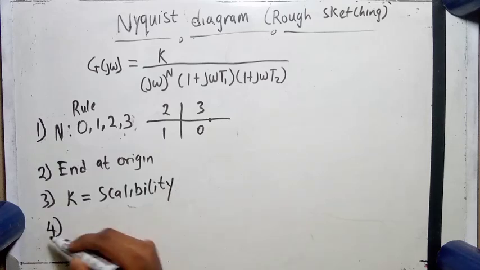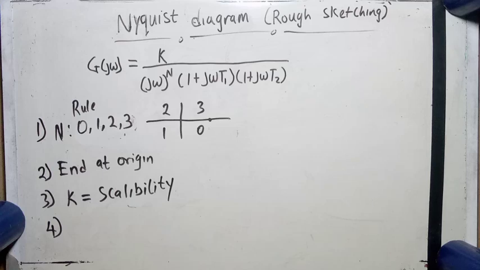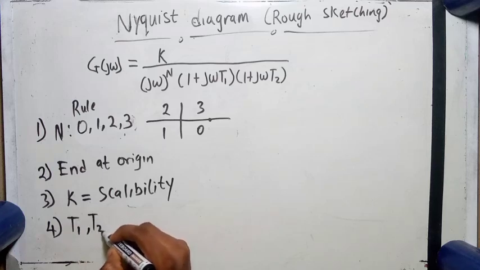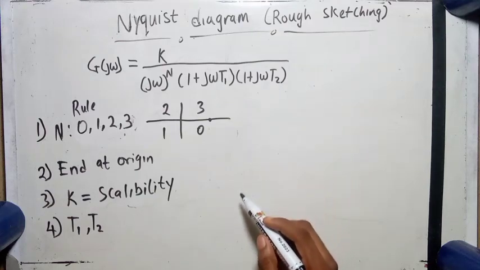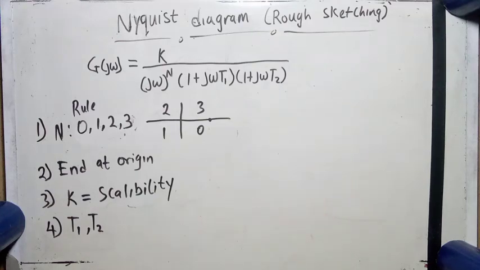And then lastly, the last one is for your T1, T2, T3. But in this case, since we started at T2, let's work with that. You can also have T3, T4, and the rest of them.